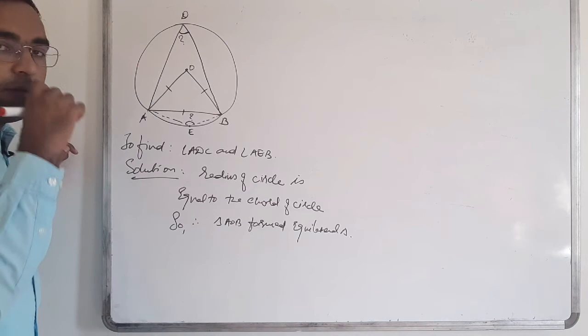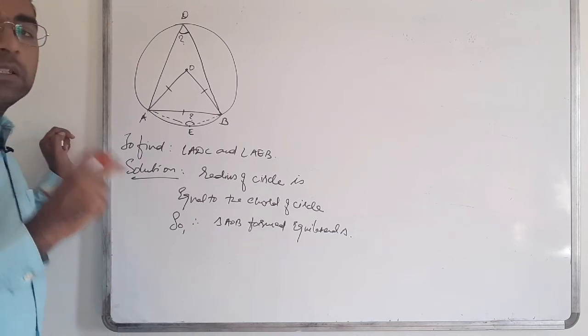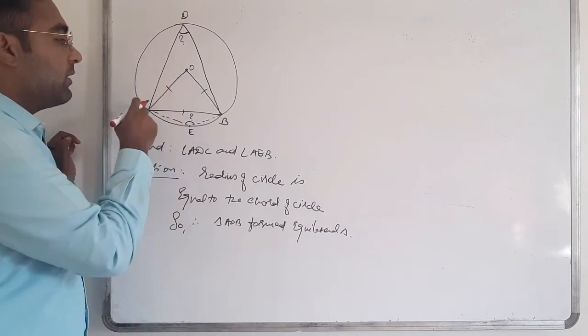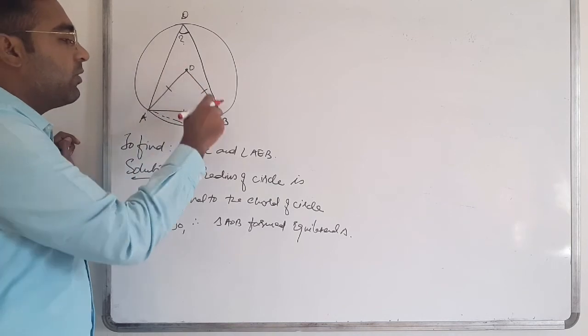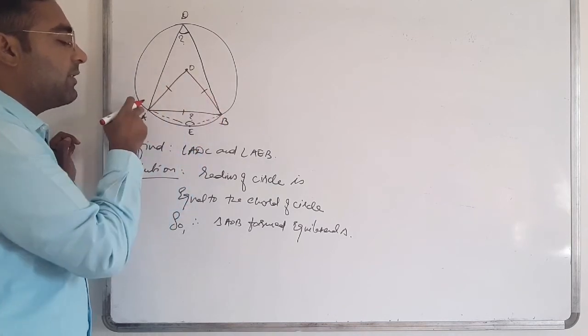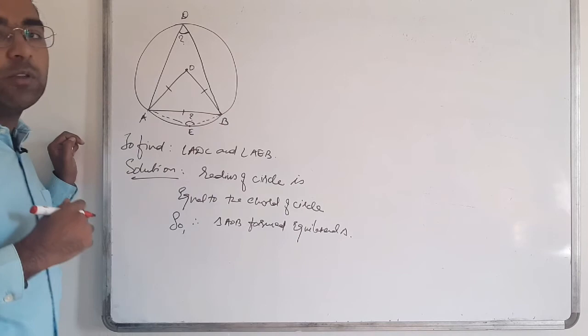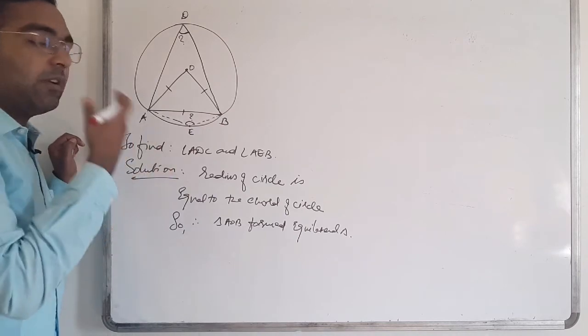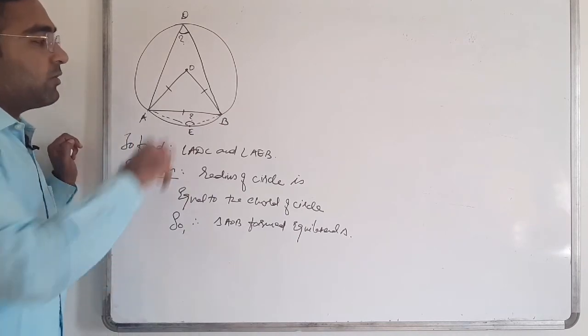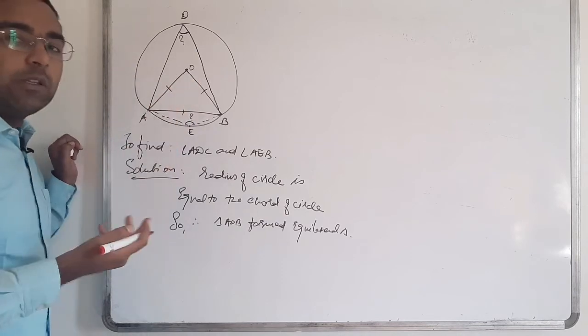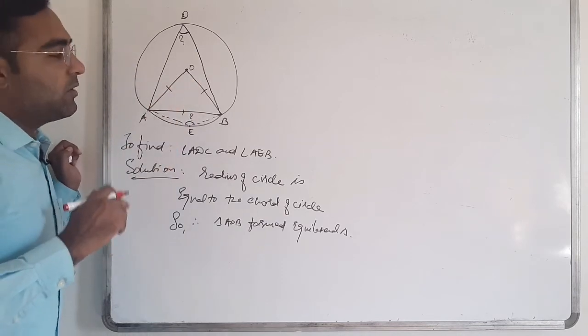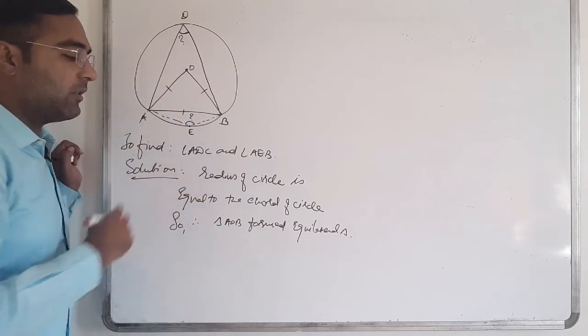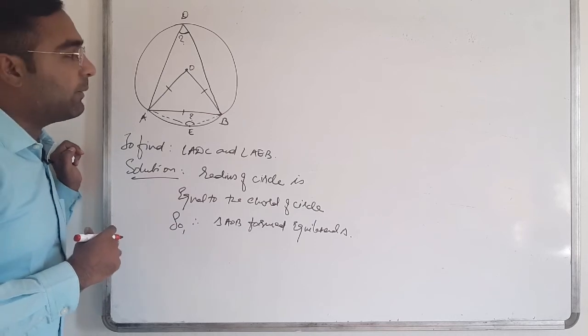If I take the radius of the circle as 3 centimeters, then OB is 3 centimeters, OA is 3 centimeters, and AB is also equal to 3 centimeters, because it is said that the radius is equal to the chord. So all the sides of triangle AOB are equal to 3 centimeters, and that's why we take the triangle as equilateral.